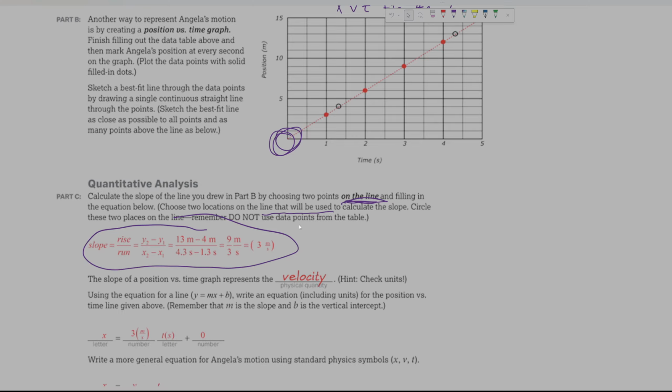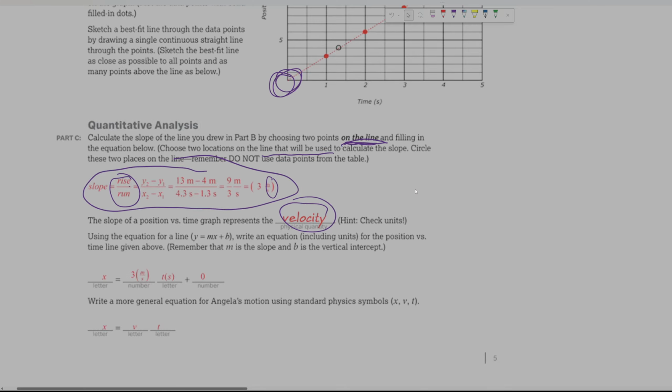All right. Now, the cool thing here is you might not have realized this, but when you take the rise over run, the change in y over the change in x, the units stick around. So the units for y is meters. The units for x is seconds. And that meters per second is velocity, right?